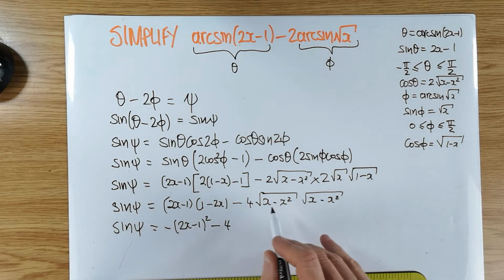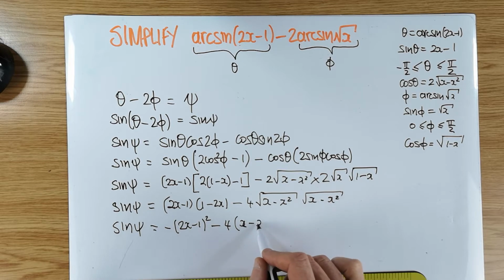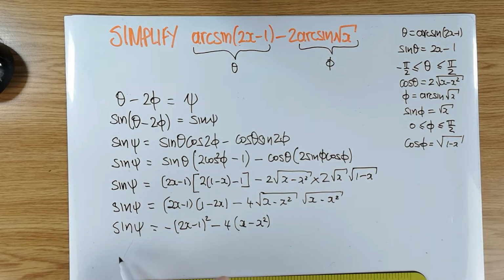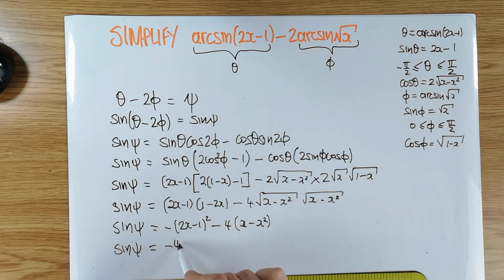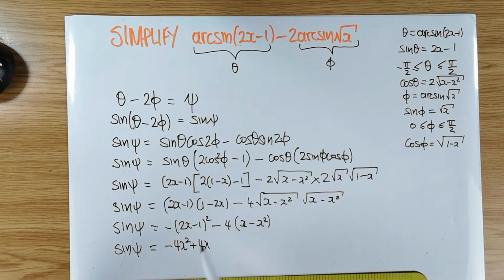Minus 4 lots of this quantity, but it's exactly the same square root, so I will lose completely the square root of x minus x squared. So what do we get for that? The sine of psi is equal to, squaring this thing here is going to be minus 4x squared. That's going to be a minus, but that's going to be a plus now, so plus 4x. And then that's going to be a plus 1 minus 1. Minus 4x plus 4x squared.